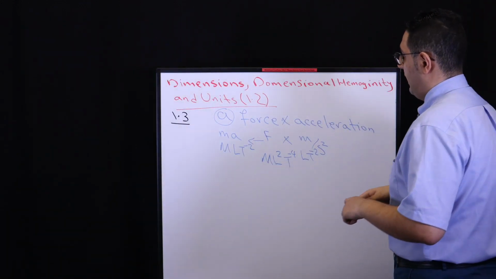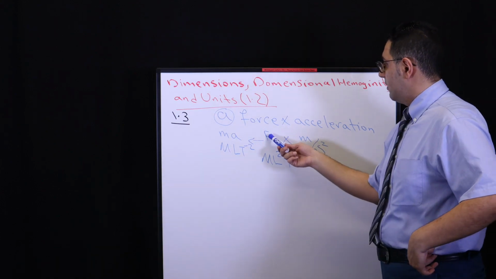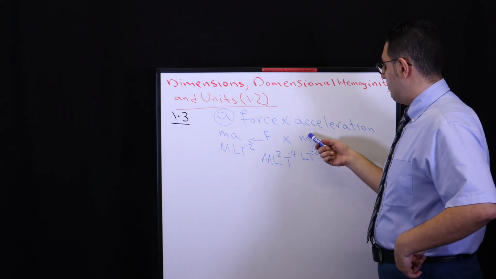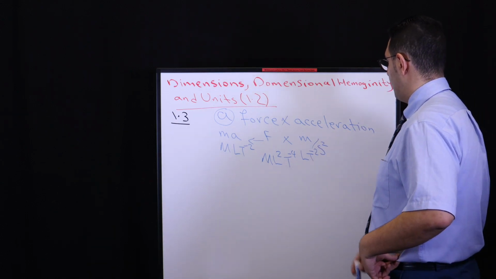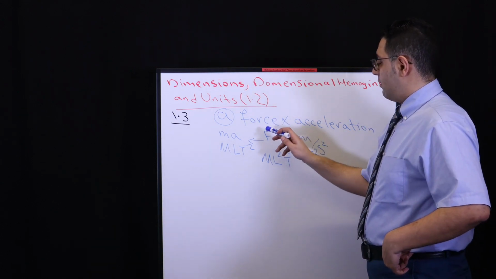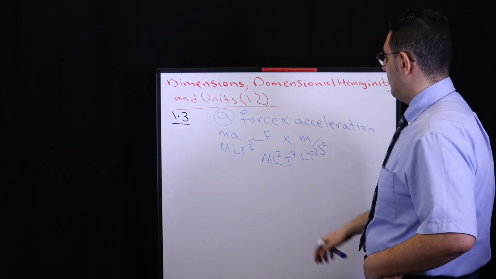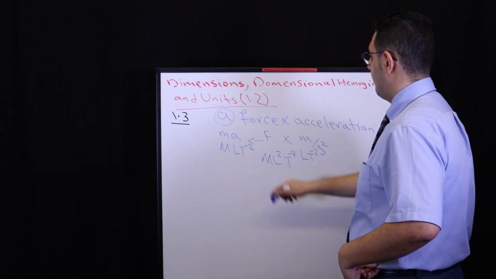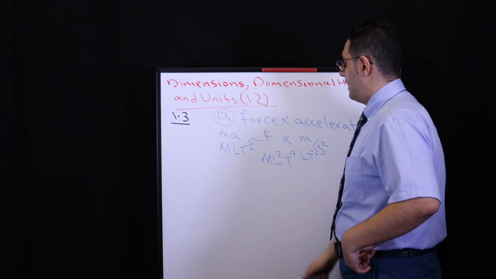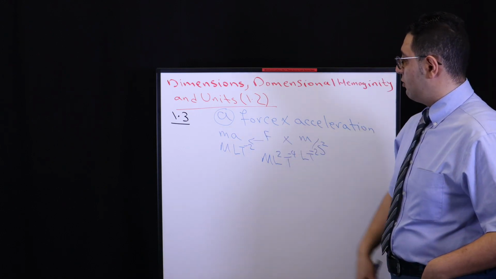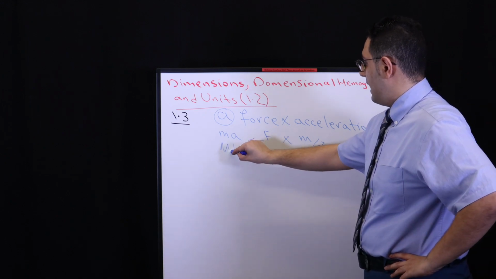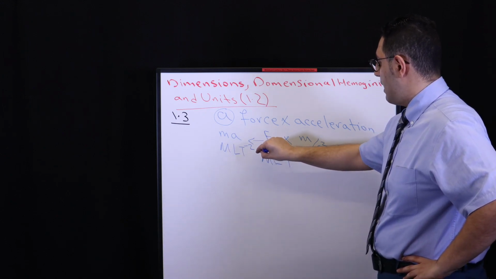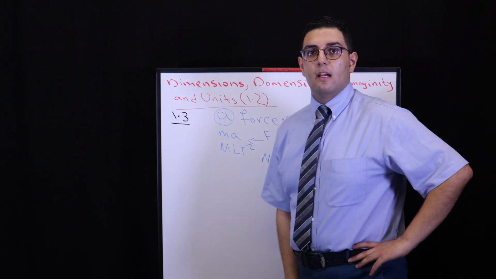Let me explain again. We have a force here multiplied by acceleration, whose unit is meter per second squared. Force is also the multiplication of mass by acceleration, which reaches M multiplied by LT to the power minus 2 as a unit conversion.